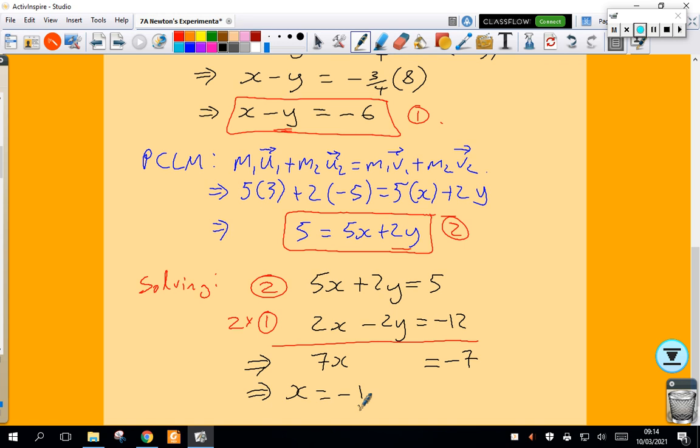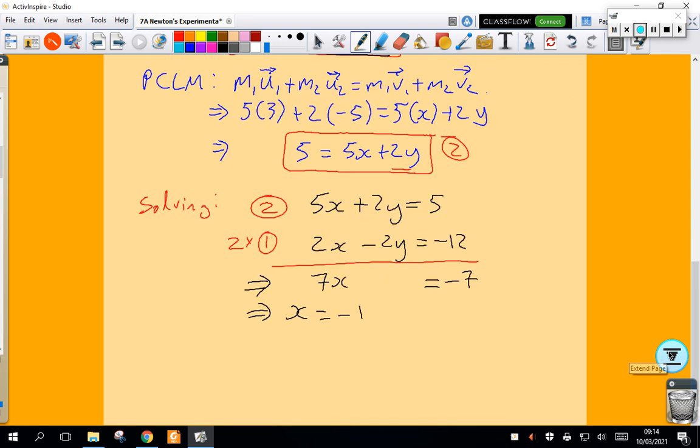How do we solve for y? Well, we go back to equation 1, and we just make y the subject of the formula. If we look at equation 1 and make y the subject, adding y to both sides and adding 6 to both sides, y is equal to x plus 6.